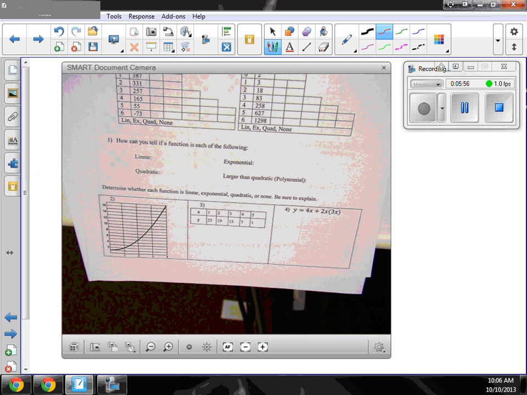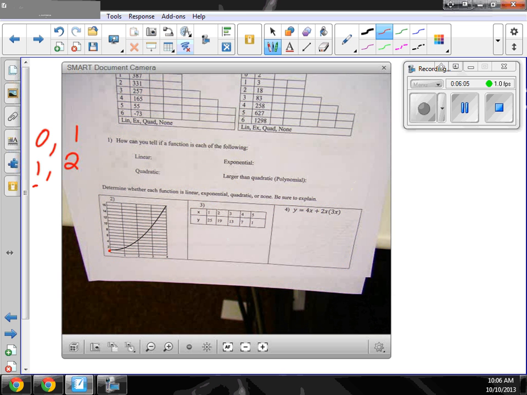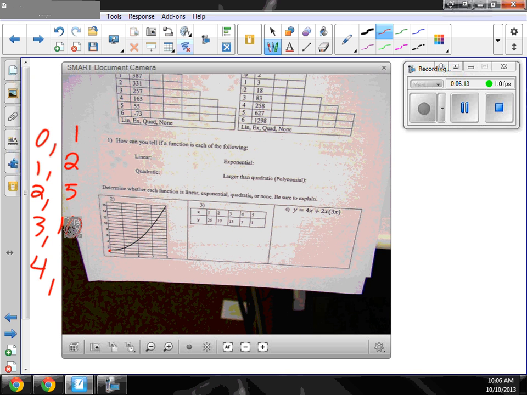So if I look down here: 0, 1, 1, 2, 2, 5, 3, 10, and 4, 17. Well, I know it's not exponential. What is the ratio from here to here?